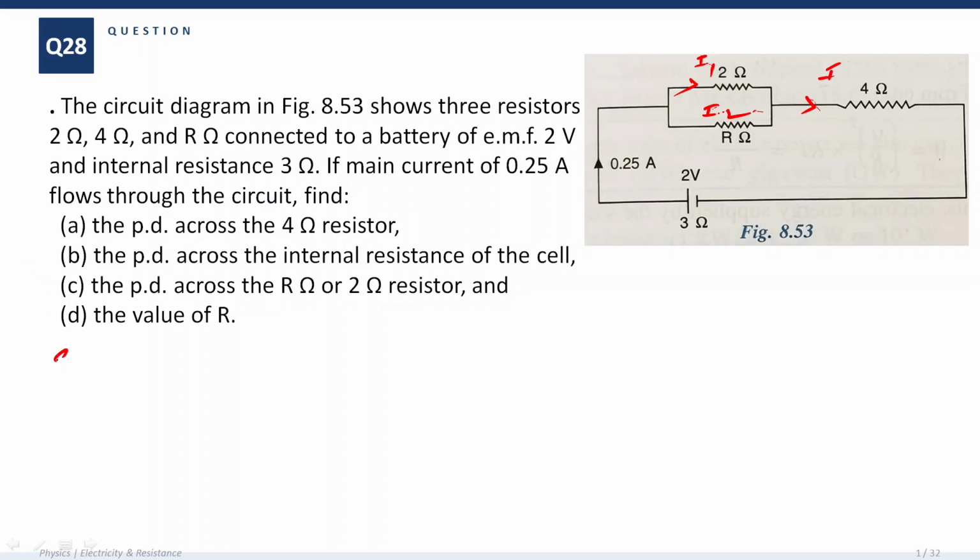V equal to I R, Ohm's law. Then V equal to current given 0.25 amperes into 4 ohm resistance. V equal to what will you get? V equal to 1 volt.